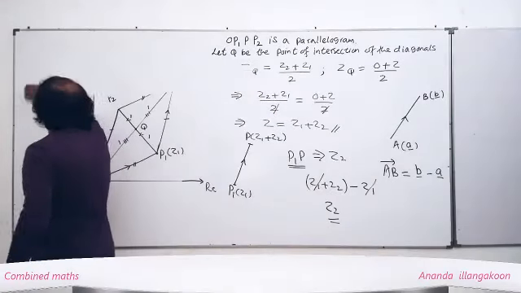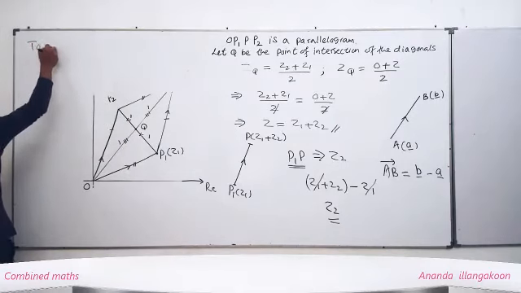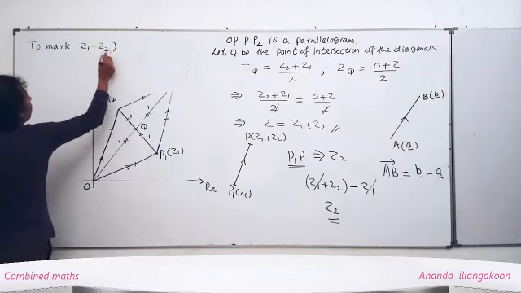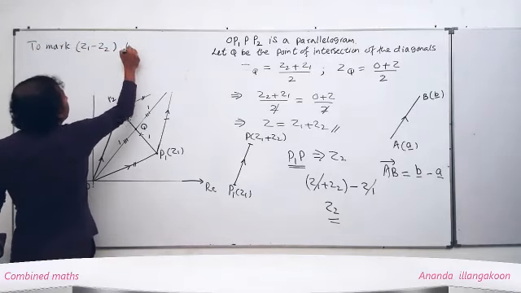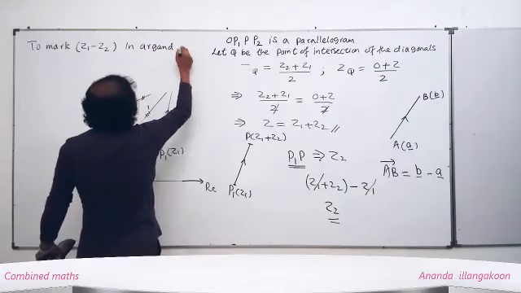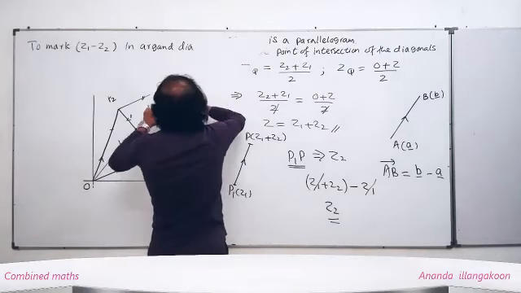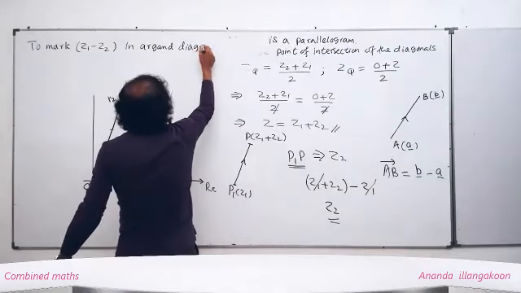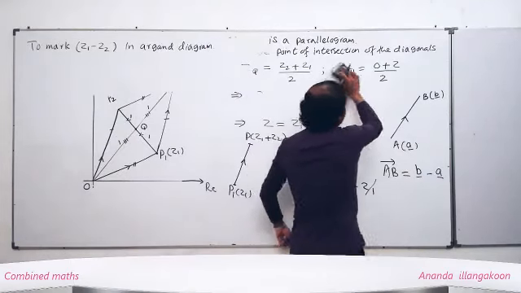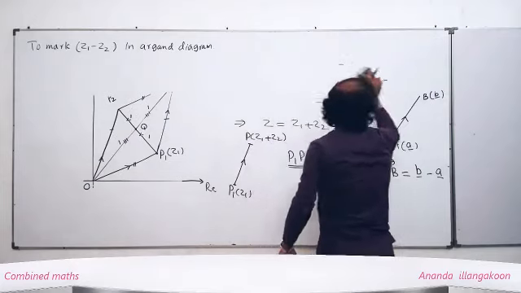Right, now write down: to mark Z1 minus Z2 in the Argand diagram. Write down Argand diagram. Okay.